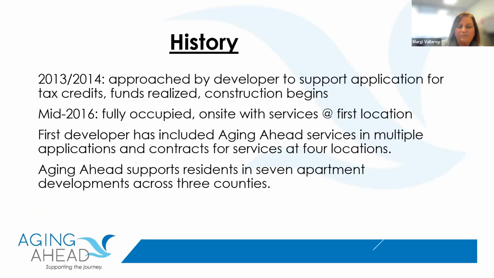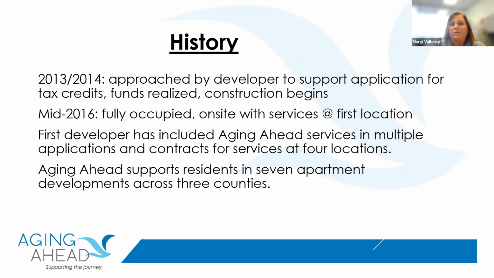Next slide, please. I wanted to tell you a little bit about the history of the program and how we became involved in this. It really started when our executive director was at a meeting of service providers of programming for older adults. There was also a developer there who was interested in building some apartments for older adults, some affordable housing. And they had a conversation.